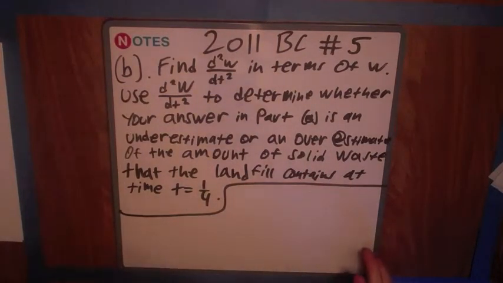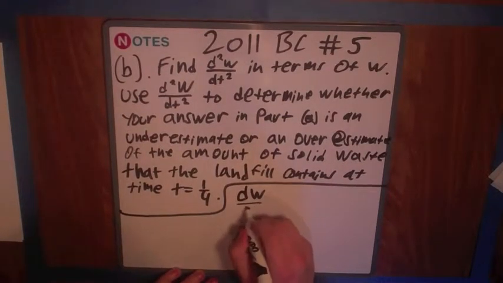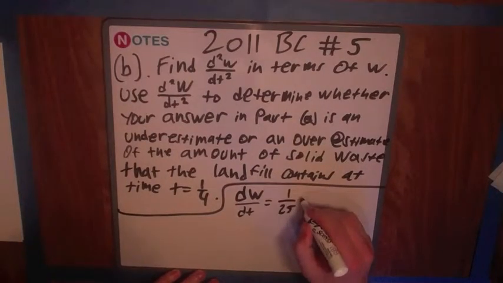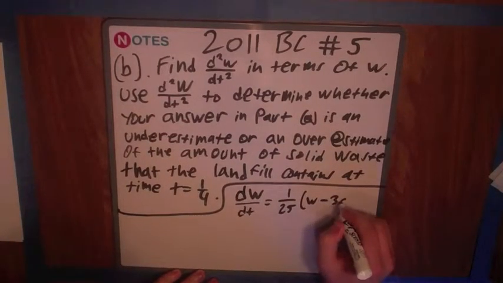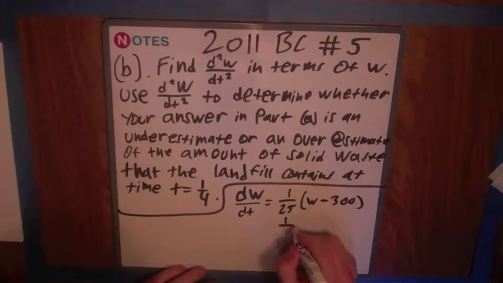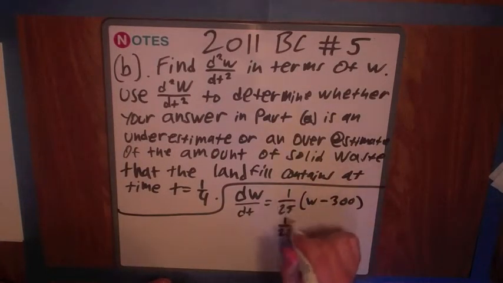And so, knowing that dW over dt equals 1/25 times W minus 300, we're going to take the derivative of this, which will give us 1/25 times this equation again.